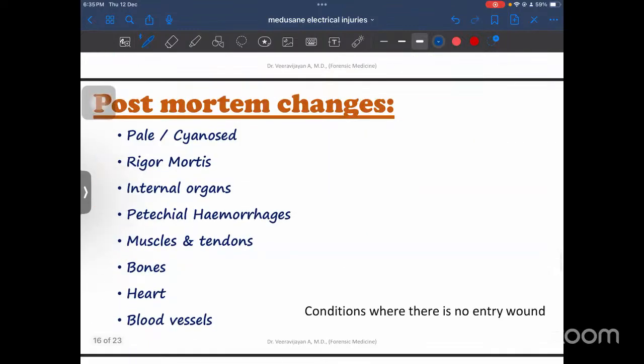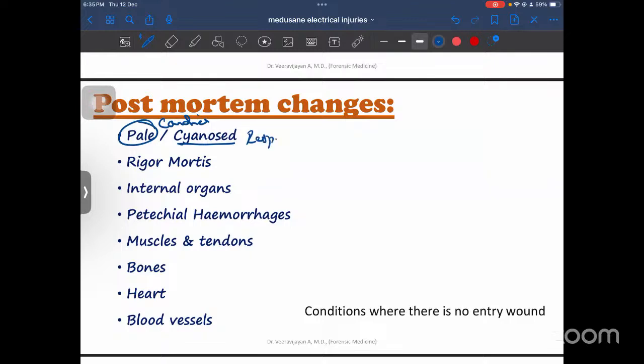Another one is postmortem changes. In postmortem changes, if the cause of death is cardiac, that is because of arrhythmia, the individual will be pale. This is the cardiac cause. If it is due to a respiratory cause, respiratory arrest, either because of respiratory muscle paralysis or brainstem dysfunction, the individual will be cyanosed.